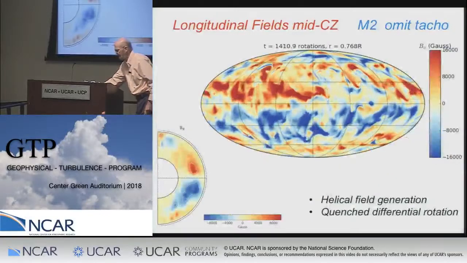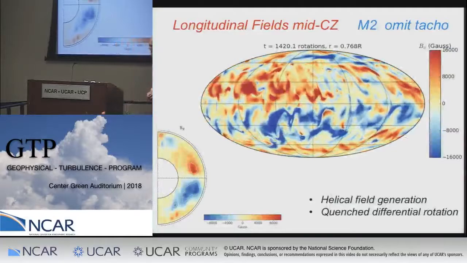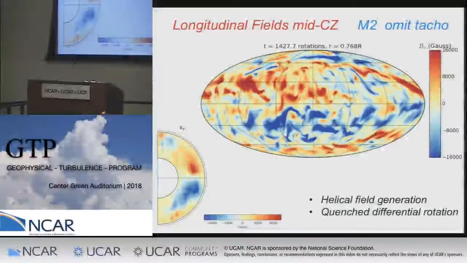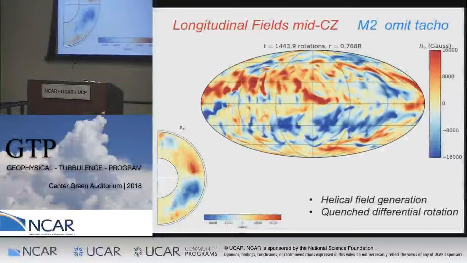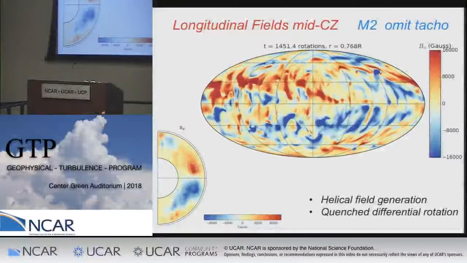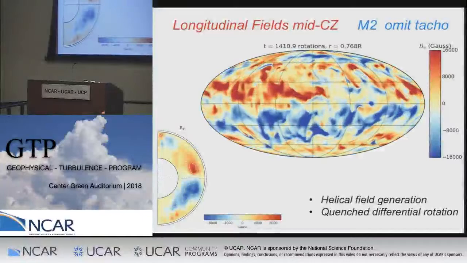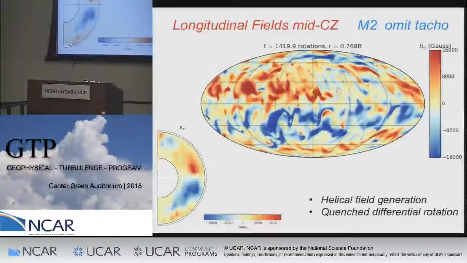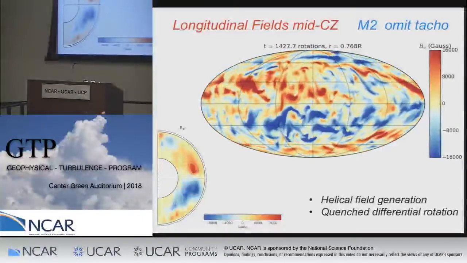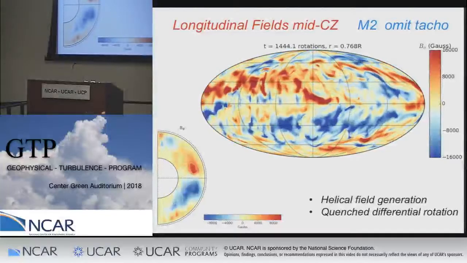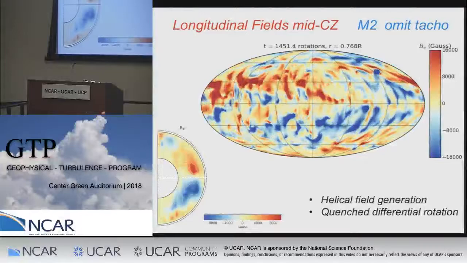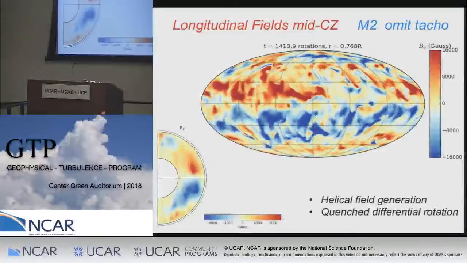So when we look to see what comes out of some of these simulations, if we look at the longitudinal B fields, say, in the middle of the convection zone, in the absence of a tachocline, we have a zone that looks like this.